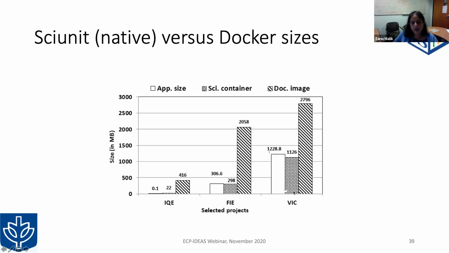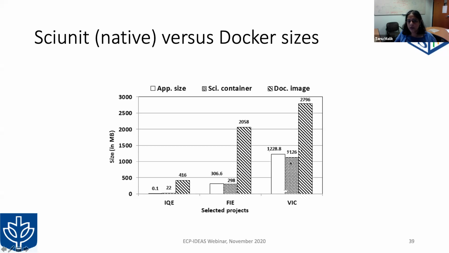But as you see, the Sciunit size is much smaller. Now, Sciunit internally uses block level deduplication, which makes the Sciunit size even lower than the original application. So if you look at the middle bar over here, it's lower. It's identifying duplicate data at the block level, even within an application.